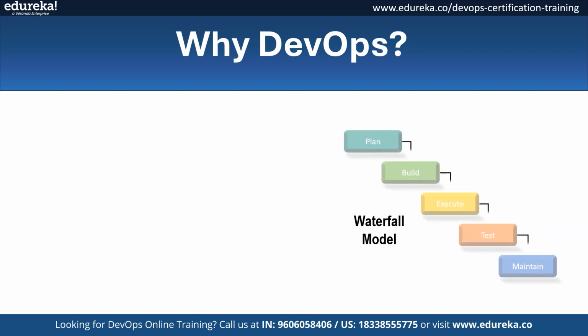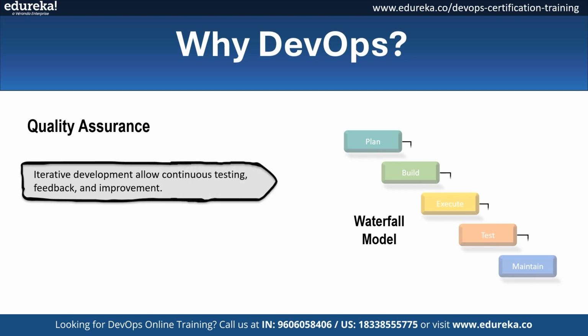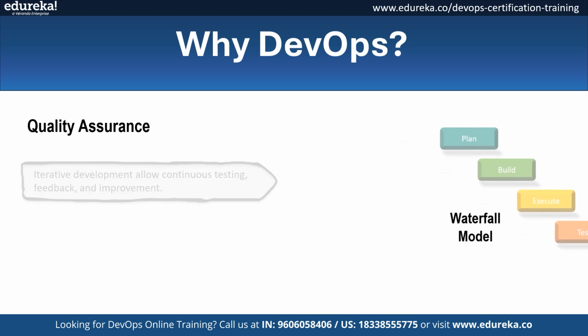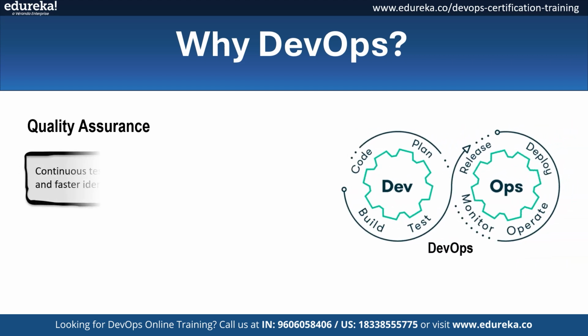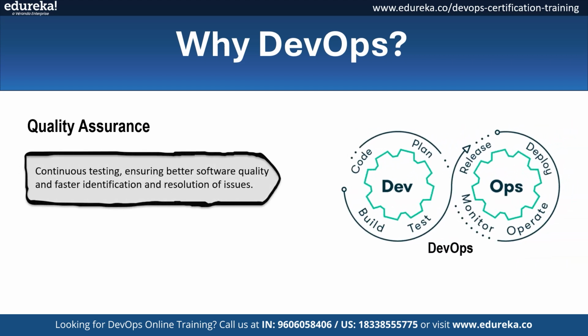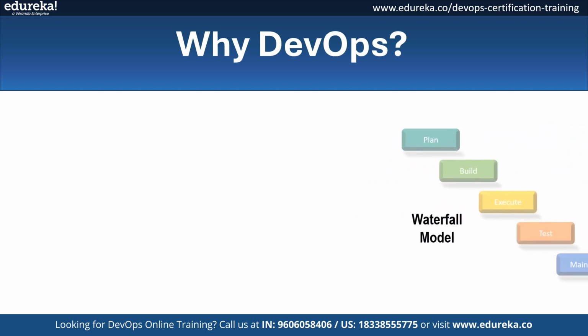Now, if we talk in terms of quality assurance, Waterfall's late stage testing made it difficult to catch and address defects early. On the other hand, DevOps promotes continuous testing, ensuring better software quality and faster identification and resolution of issues.